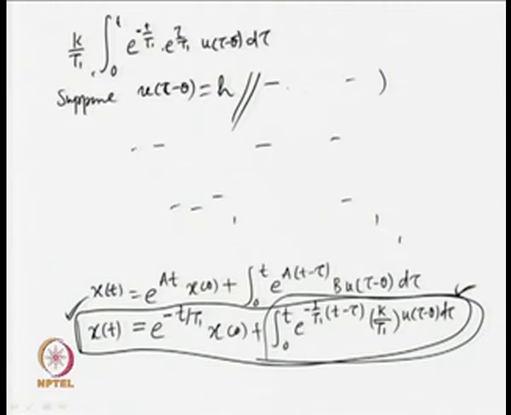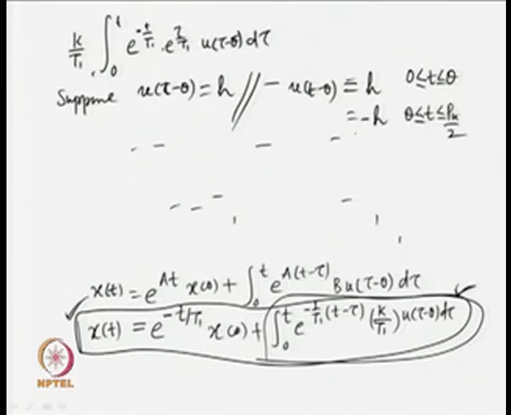As we have discussed earlier, due to the delay, u(t − θ) will be equal to h for the time range 0 ≤ t ≤ θ, and will be equal to −h from θ ≤ t ≤ 2θ, which is the half period of the signal. So, this part we will not discuss.